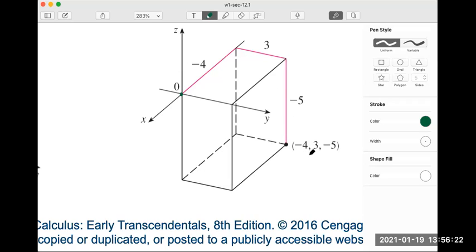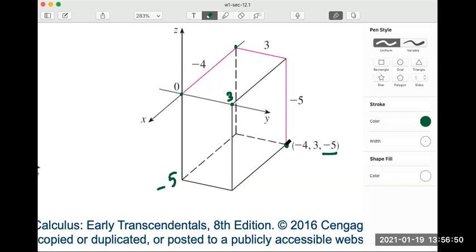The X coordinate is -4, so it should be here, right? And the y coordinate is a positive number, which is 3. So this is the point 3. And in the z direction, it has a negative value, so it goes in the opposite direction of the z axis here. So this is -5.